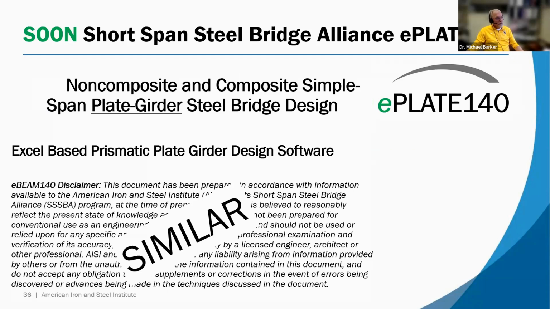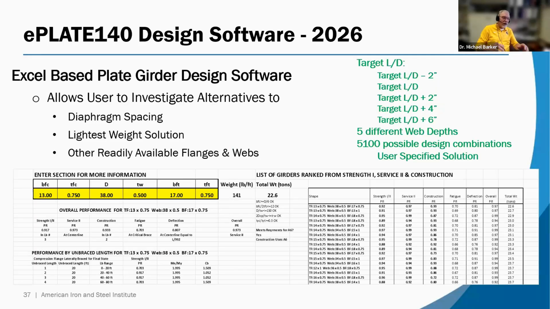Very similar. Only now, of course, if you've got a plate girder bridge, there's an infinite number of possible solutions. And so to narrow that down, what the user does is they start at the top right here and they say, hey, I want a target span over depth ratio of 25.